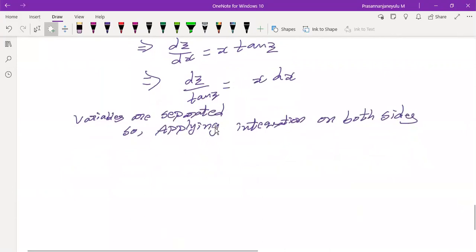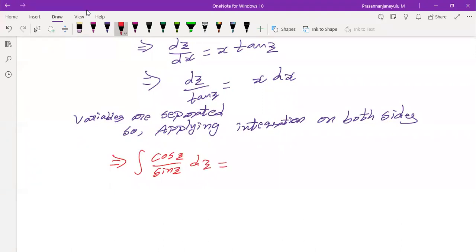Now integration of tan z. I am writing tan z as sin by cos, so it becomes integration of cos z by sin z into dz equals integration of x into dx.